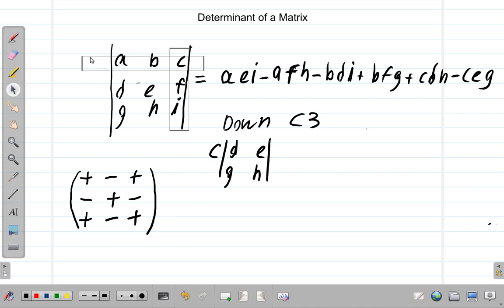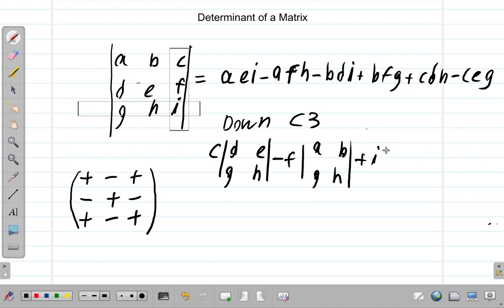Then when we go down and cover F, F will be negative, so it's minus F times uncovered elements A, B, G, H. Then we go down to I, which is positive.